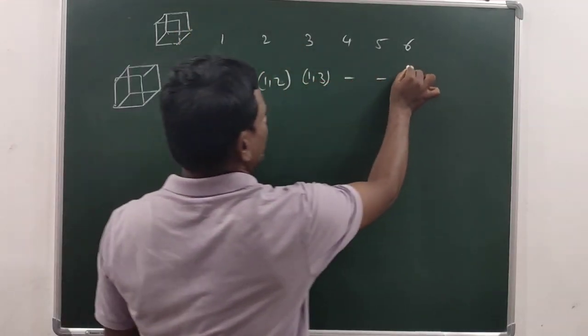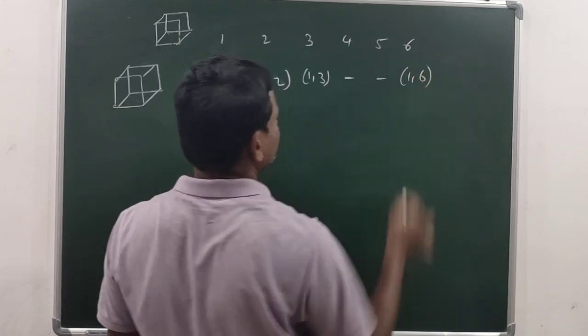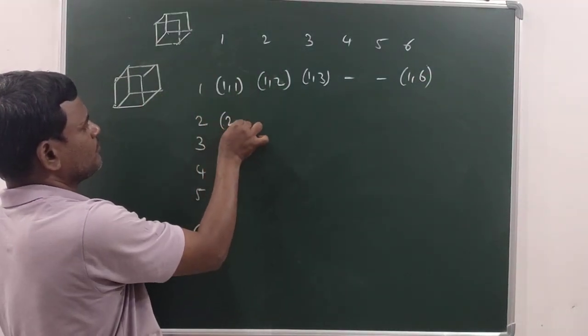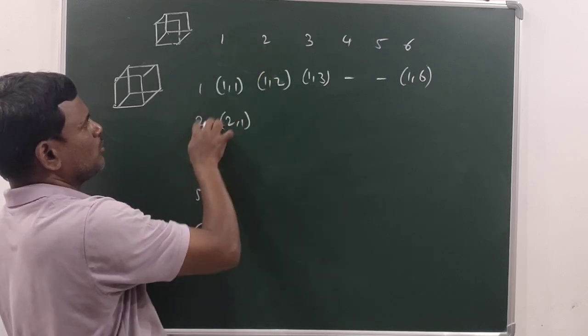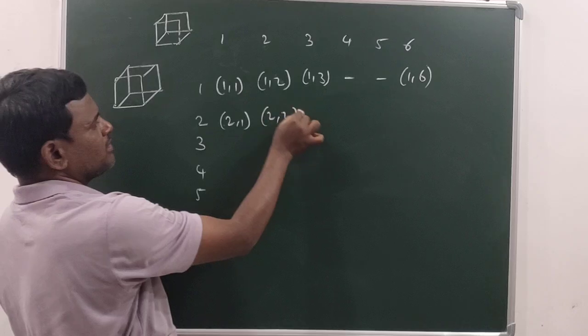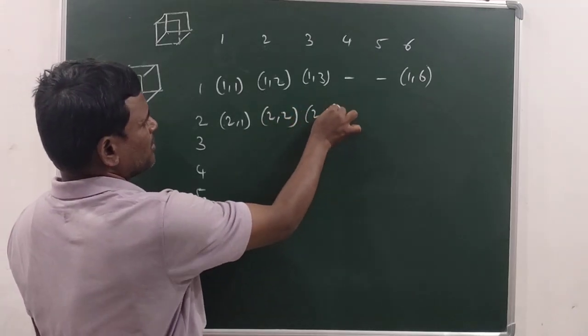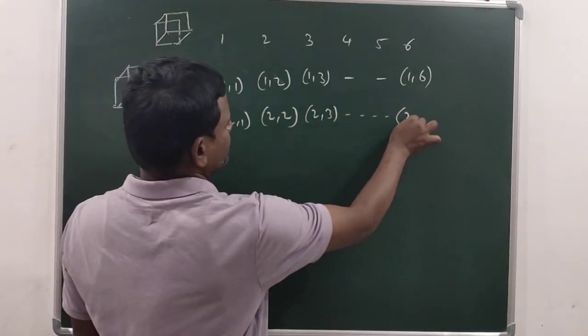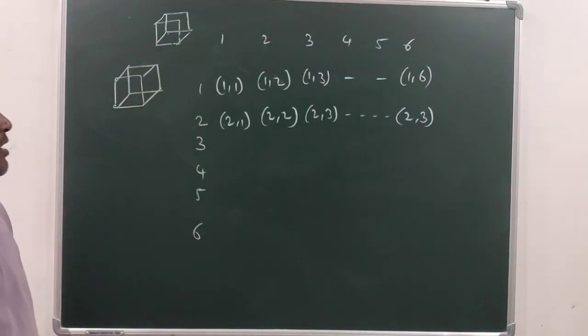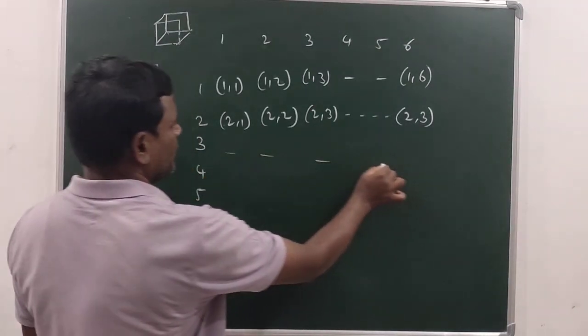Like that, 1, 6. Now write here 2, 1. Here on this 2, in this 2. 2, 2. Here 2, here 3. 2, 3 and so on. Okay, students? Now, see, continue it.